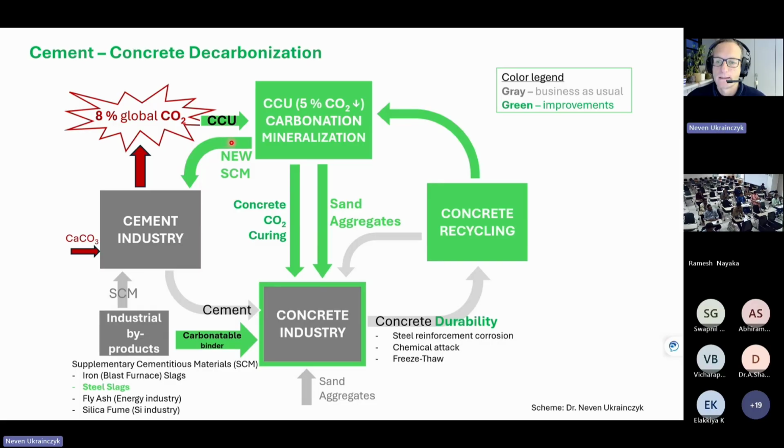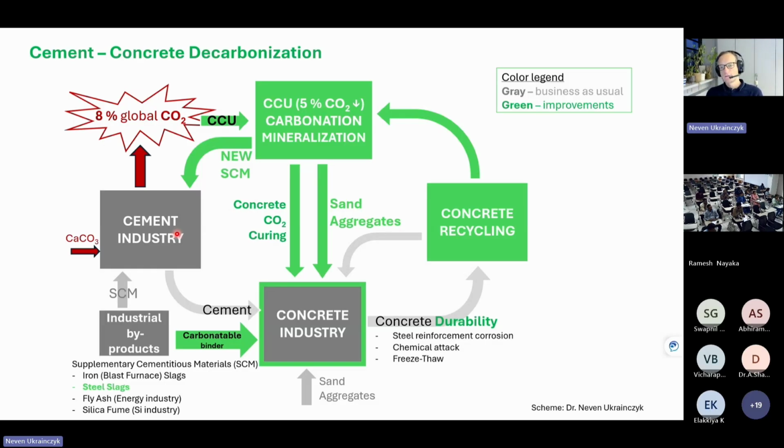And even more, from the recycled concrete you have almost 50% fines, which you cannot use in the sand and aggregates. Those fines can be carbonated and then used as new SCMs, because we have a lot of CSH.